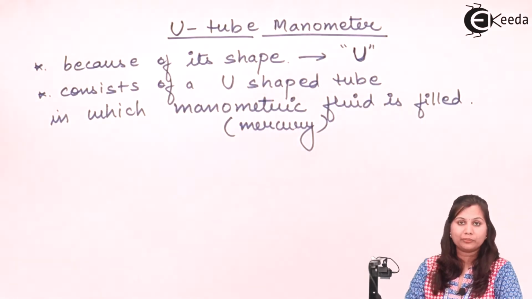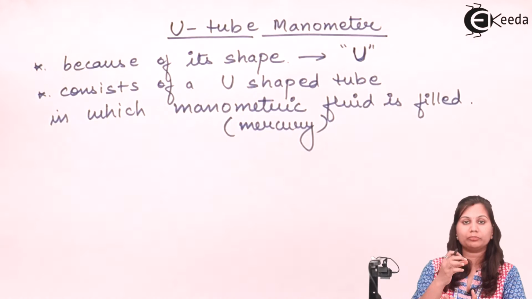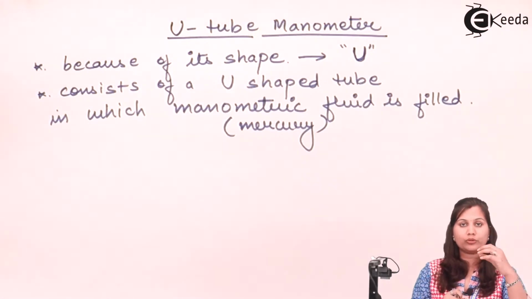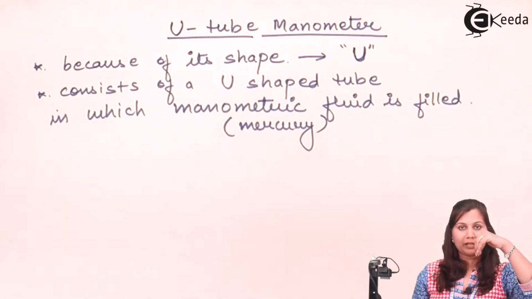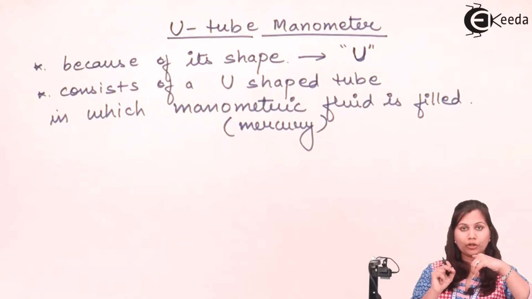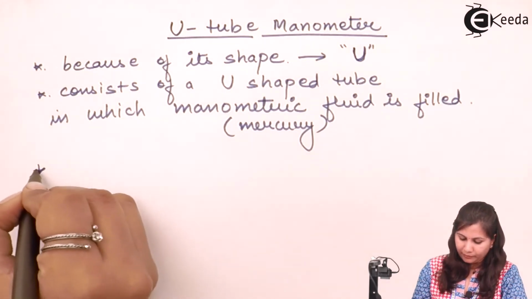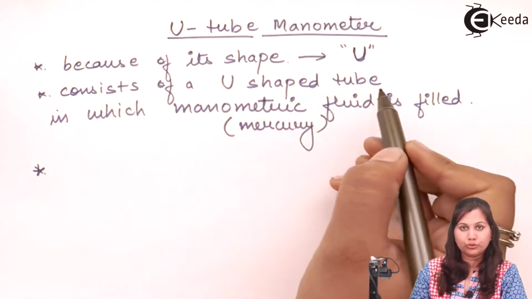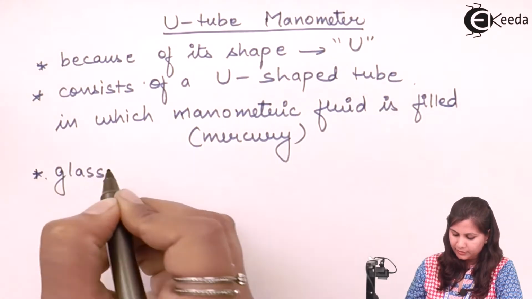Now this U-tube manometer consists of a U-shaped tube, and in that tube the manometric fluid, that is mercury, is filled. On this mercury, the fluid whose pressure we want to measure is put. Due to the pressure of the fluid, the mercury which is already filled in the tube is going to be displaced. Because it has a U-shaped tube, it is made up of glass.